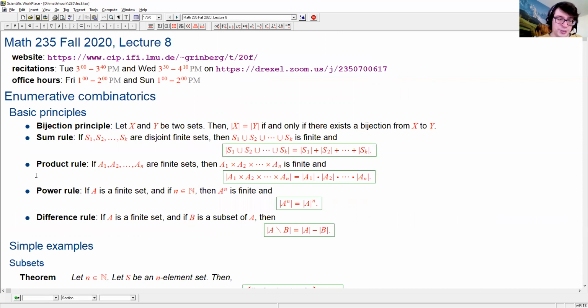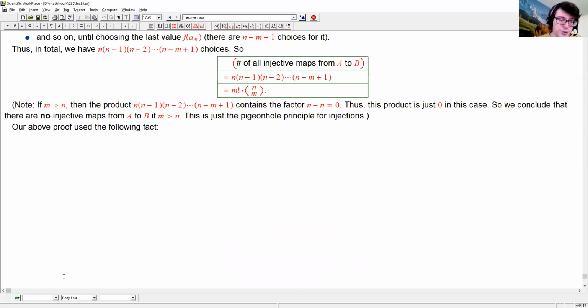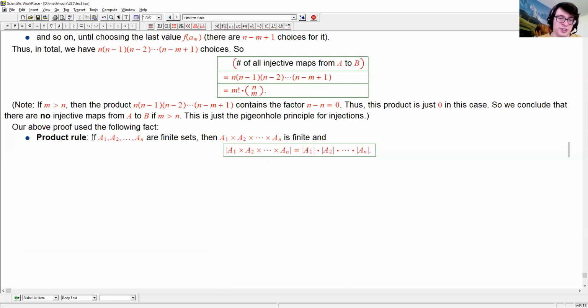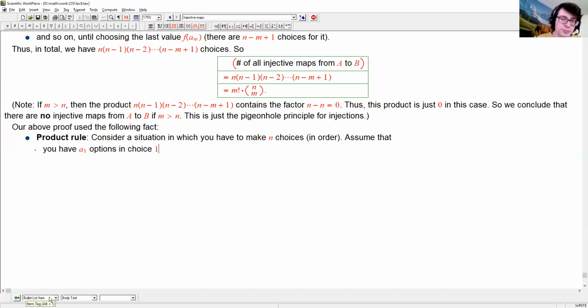So the product rule, I have stated it in terms of sets, but really there is a way to put it in terms of options. So consider a situation in which you have to make n choices in this order. Assume that you have A1 options in choice 1.